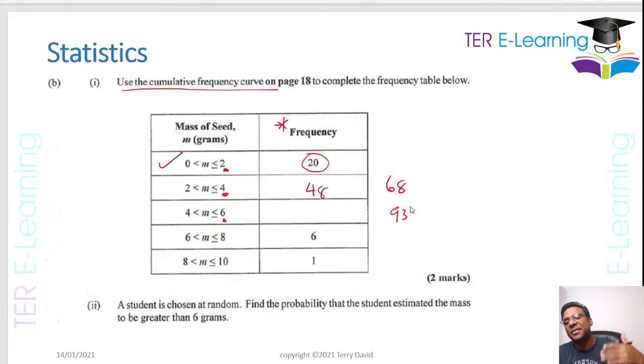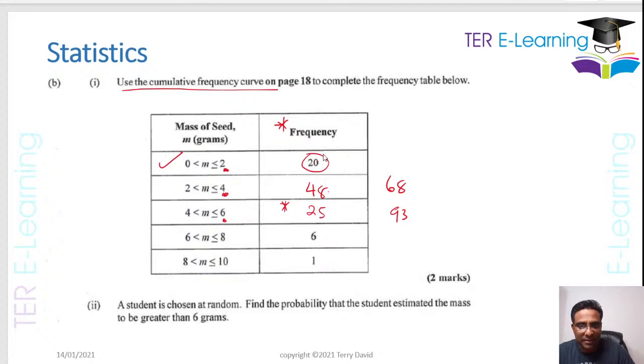But remember that graph is giving me cumulative frequency, so that 93 actually includes the 20 and the 48. Therefore, what I'm going to put in the table here is 93 minus 68, and that is going to give me 25.